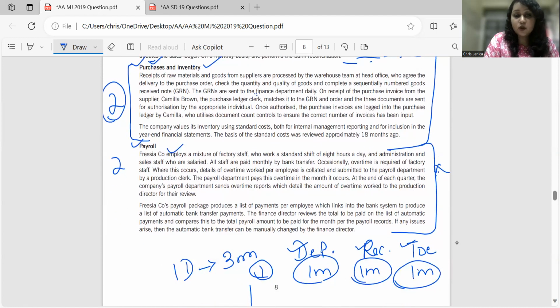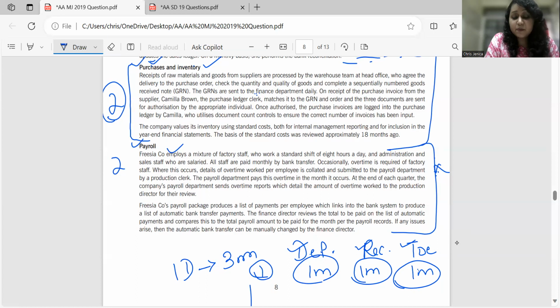Now going with payroll. Frisia company employs a mixture of factory staff who work a standard shift of 8 hours a day and administration and sales staff who are salaried. All staff are paid monthly by bank transfer. Occasionally, overtime is required of factory staff. Where this occurs, details of overtime worked per employee is collated and submitted to the payroll department by a production clerk.